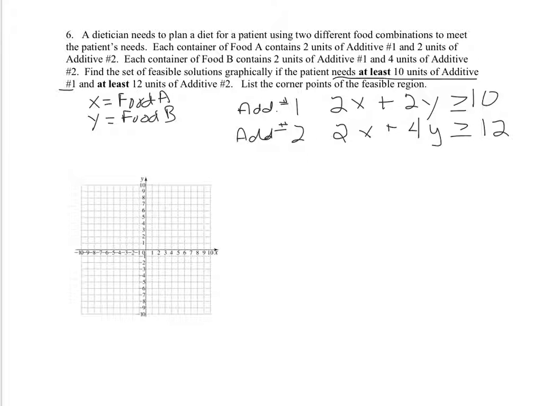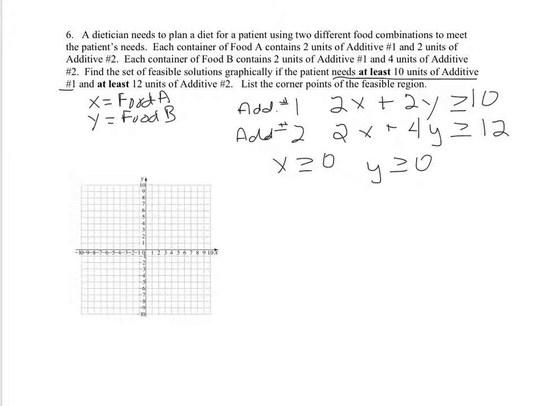Now, here's the other thing that they didn't tell you, but it's common sense. Your amount of food A has to be greater than or equal to 0. You can't skip food A. You're also going to have your food B greater than or equal to 0. That's going to restrict us to the first quadrant.